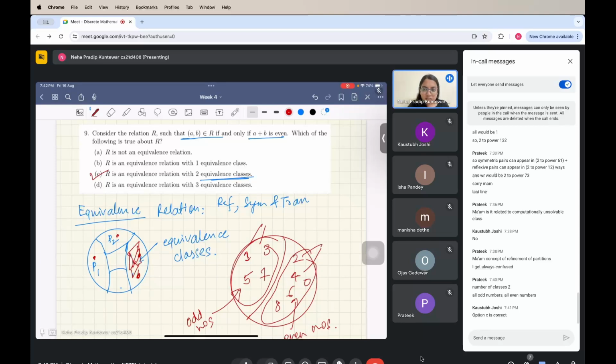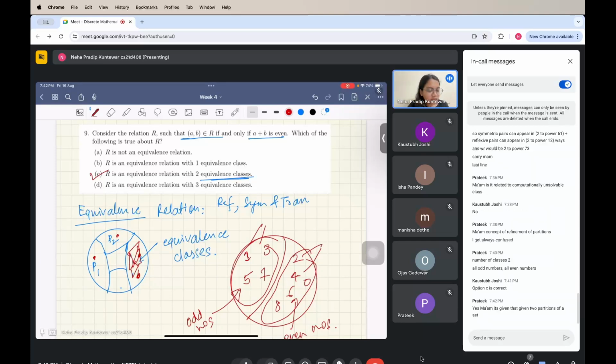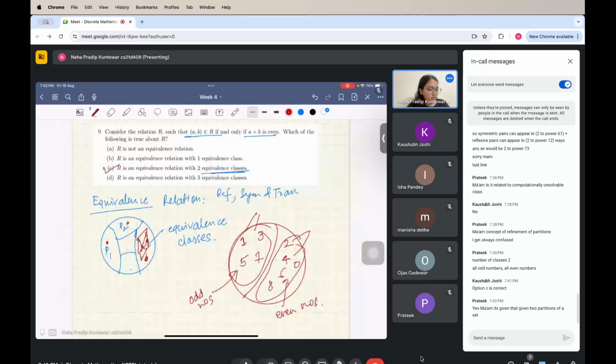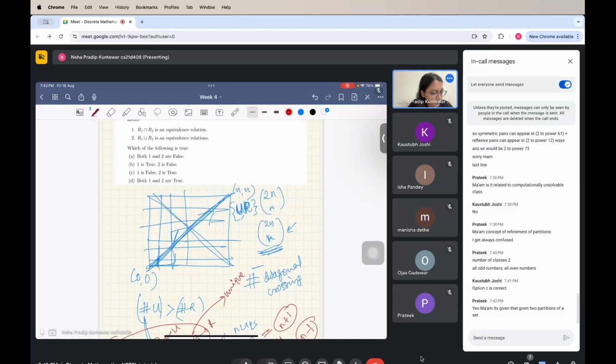Okay, we can also take this up at the end of all the questions. That is also fine. But I hope this example was clear. Okay, so I'll move on to the next question.